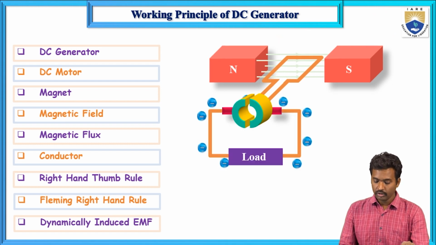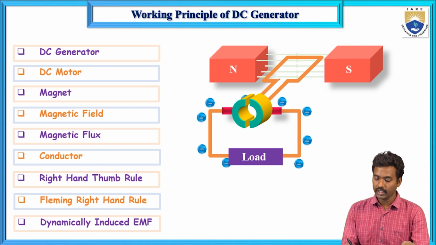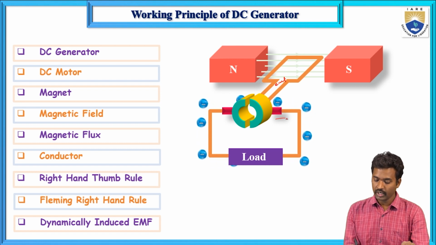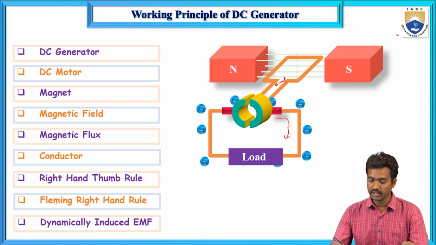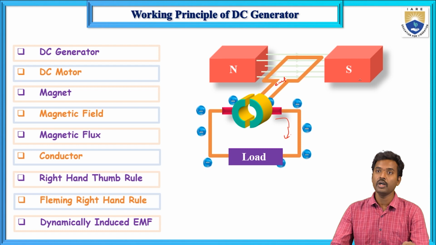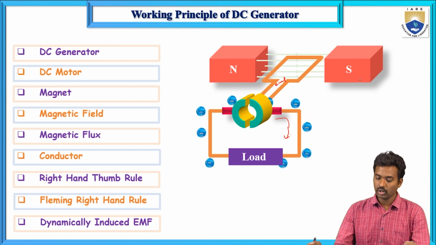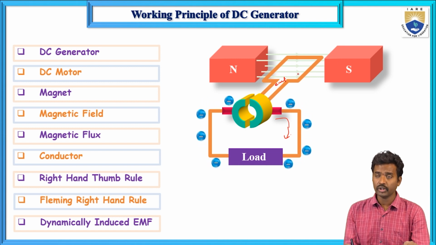Now if you connect the load, the induced EMF will be developed, and current flows in the circuit. This is the load. The conventional current direction is always opposite to the flow of electrons. Here the magnetic field is stationary and the conductor is rotating.